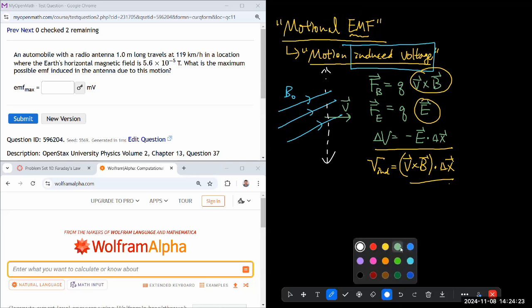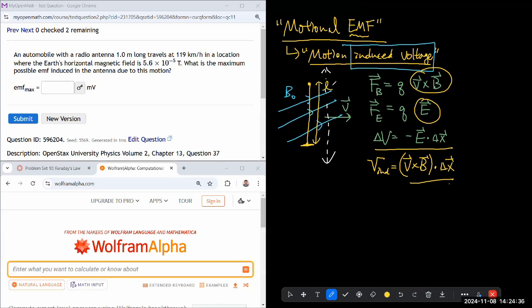So you say, okay, I have this vertical antenna set up. It's fixed here. It's got some length, and let's say that length is L equal to 1.0 meters. And this antenna is moving at this speed.